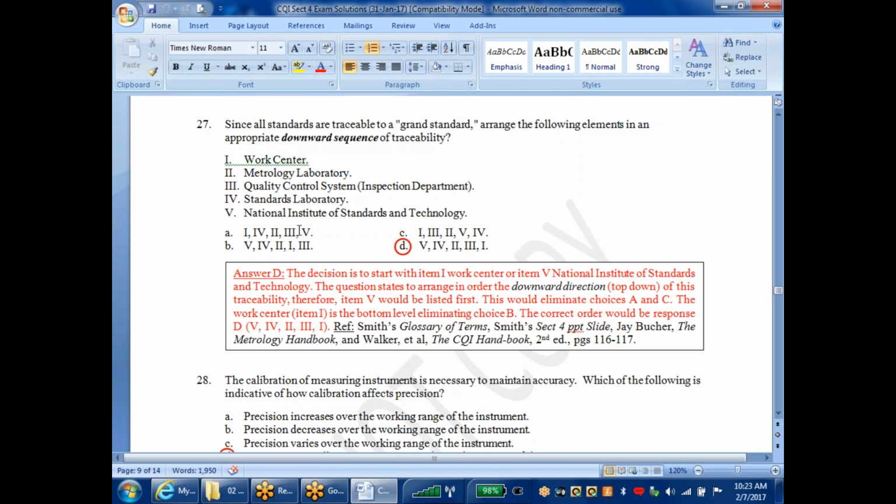You would look then for maybe what the last one is. What is the one that has the lowest in the sequence? And in this case, it would be item 1. And if you could pick out what that one is, you got your answer. You don't have to figure out what comes first, what comes second, what comes third. These can be pretty easy once you understand how to work them.